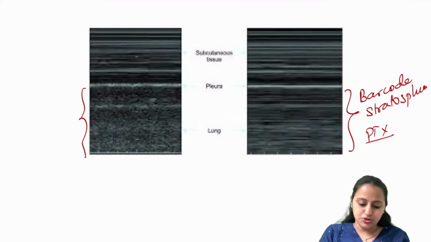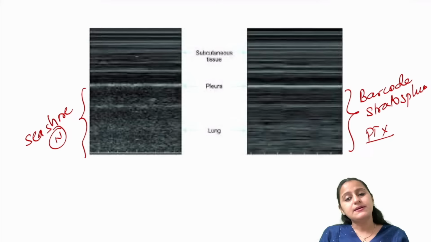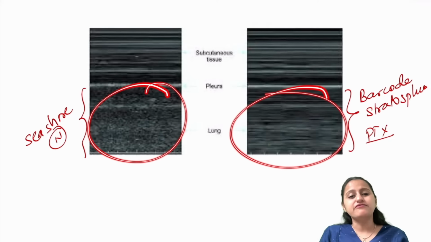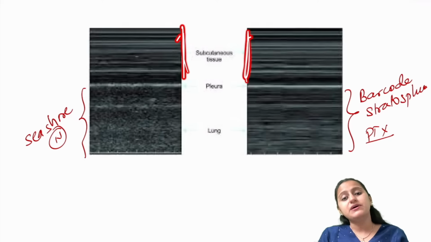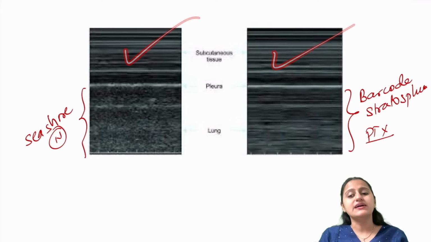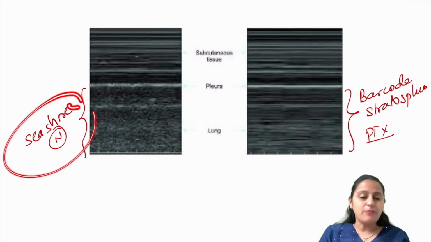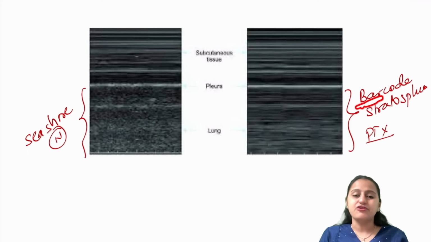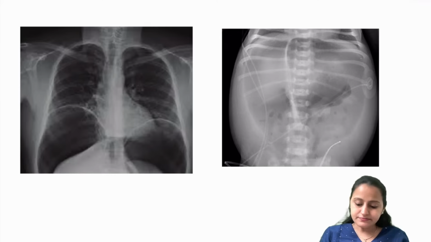Normal lung shows this granular appearance, the seashore appearance, but pneumothorax shows this barcode or stratosphere sign. So focus on the lower half of the image, not the upper half, to decide whether it is barcode or seashore. Normal people go to the seashore, pneumothorax patients are barred from going to the seashore. So they have a barcode. Okay.